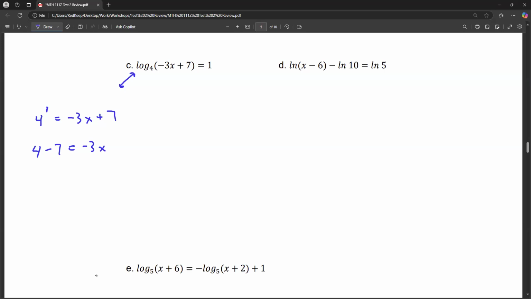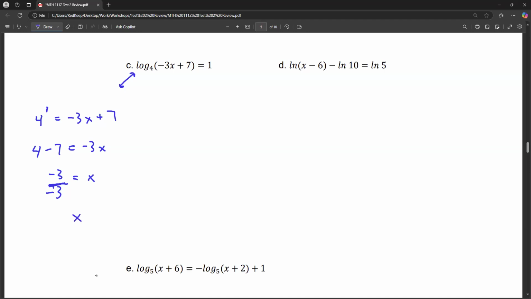So 4 minus 7 is equal to negative 3. And then x is still being multiplied by negative 3 on the right-hand side, so if I divide both sides by negative 3, then I would just have x on the right side, because negative 3 divided by negative 3 is just equal to 1.